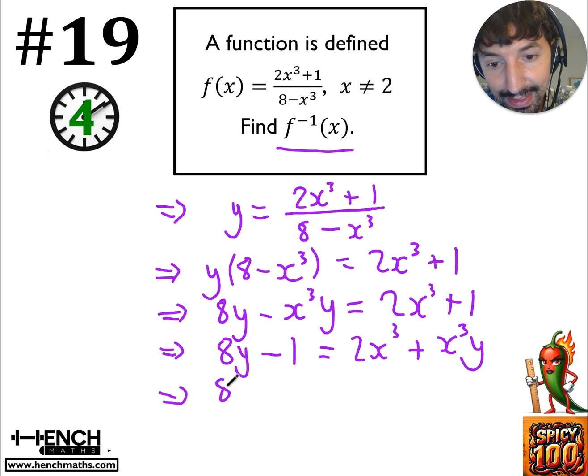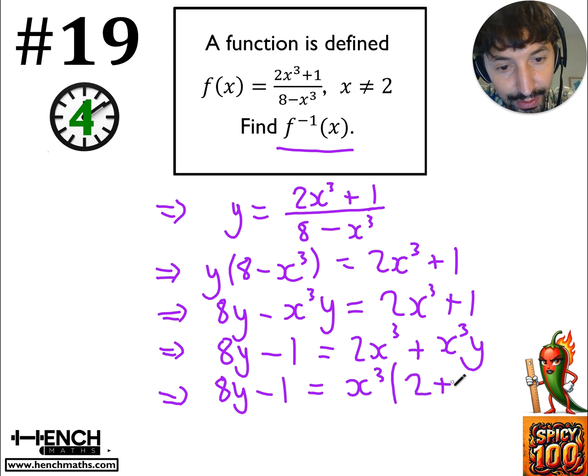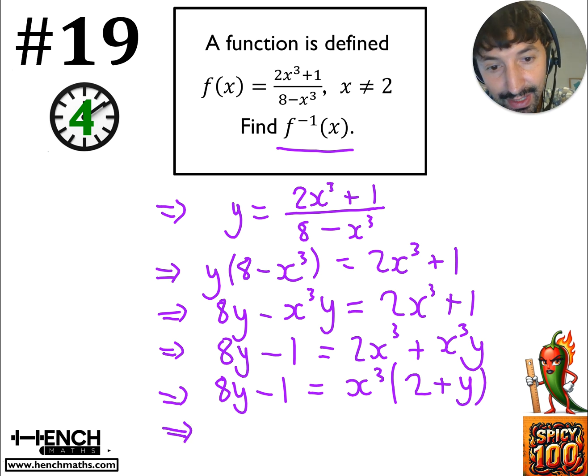So we get 8y subtract 1 is equal to, if we factorize our x cubed, 2 plus y. And then we can divide the 2 plus y over. So we get (8y subtract 1) divided by (2 plus y) is equal to x cubed.